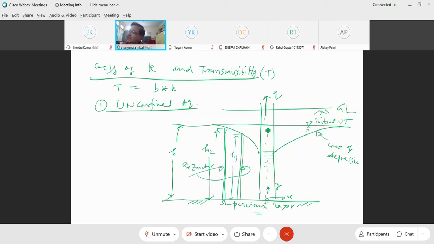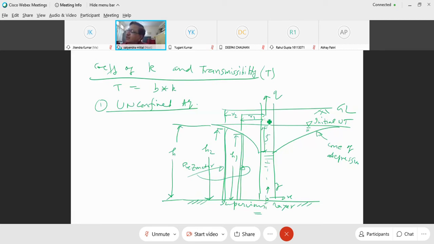Let us say this distance is S, and this radial distance is R1, and this radial distance is R2 from the center.